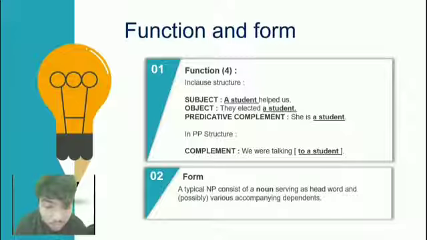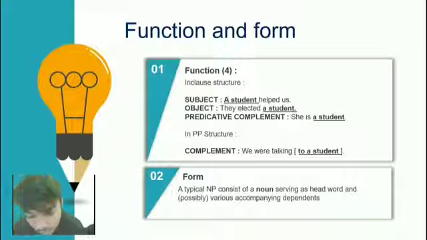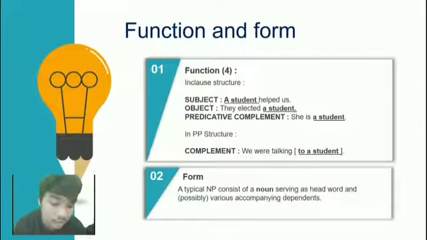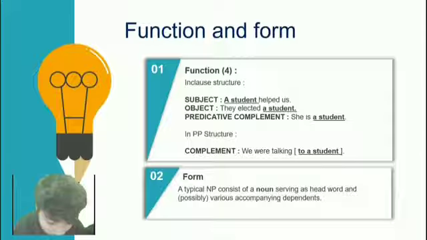There are four main functions. In clause structure, there are three: subject, object, and predicative complement. And in PP structure, or prepositional phrase structure, there is complement.